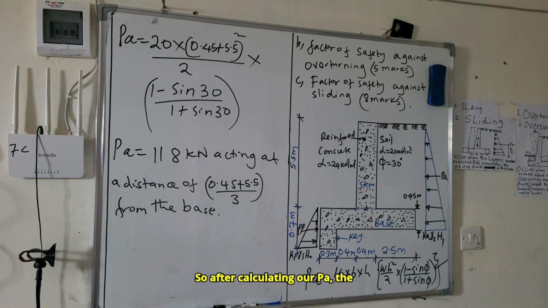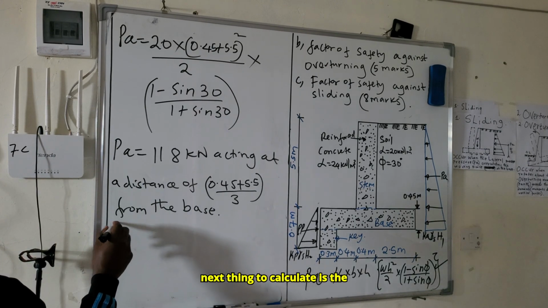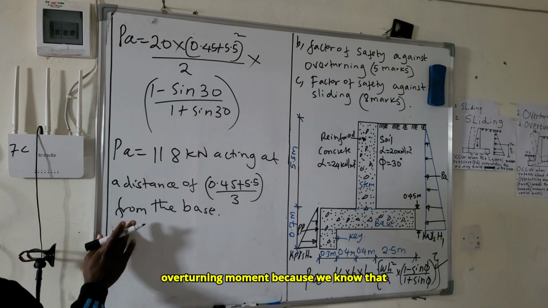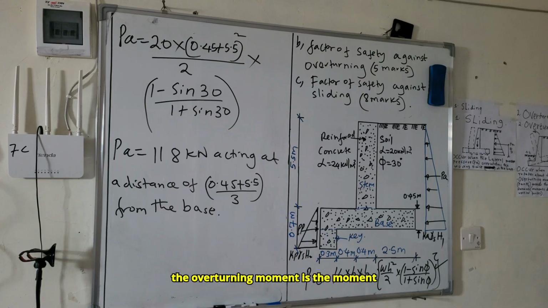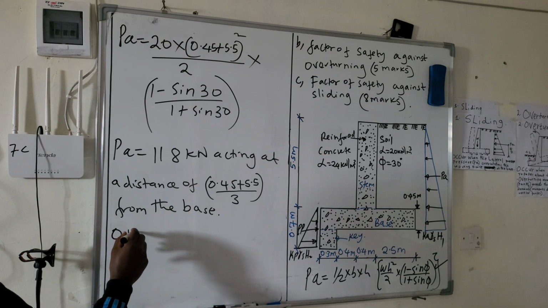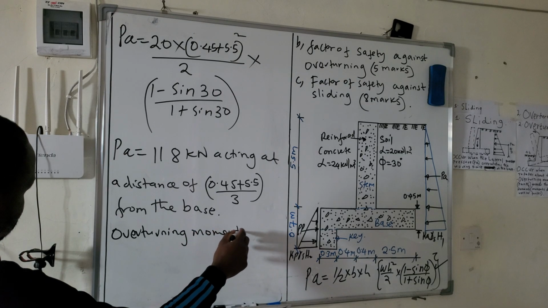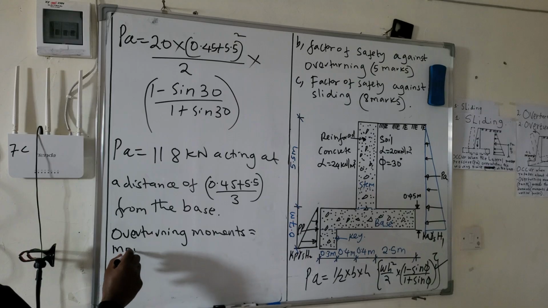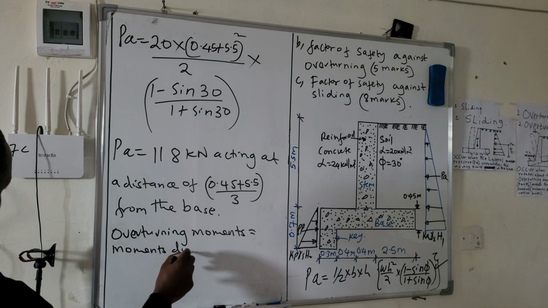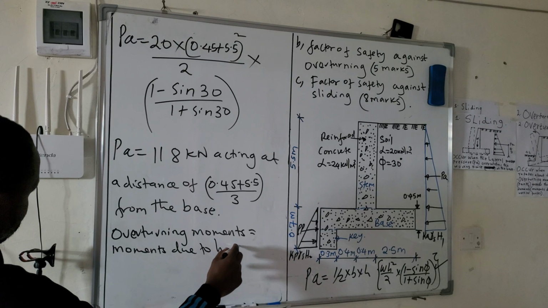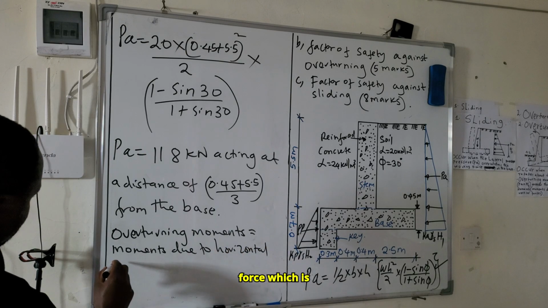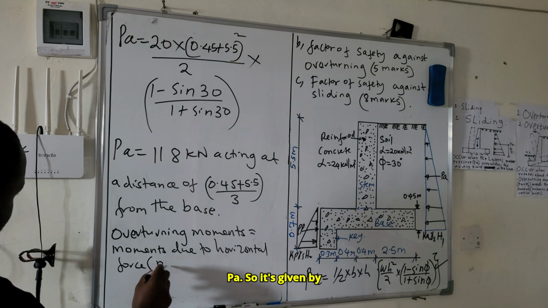So after calculating our PA, the next thing to calculate is the overturning moment, because we know that the overturning moment is the moment due to horizontal force, and our horizontal force is PA. So overturning moment is equal to moment due to horizontal force, which is PA.